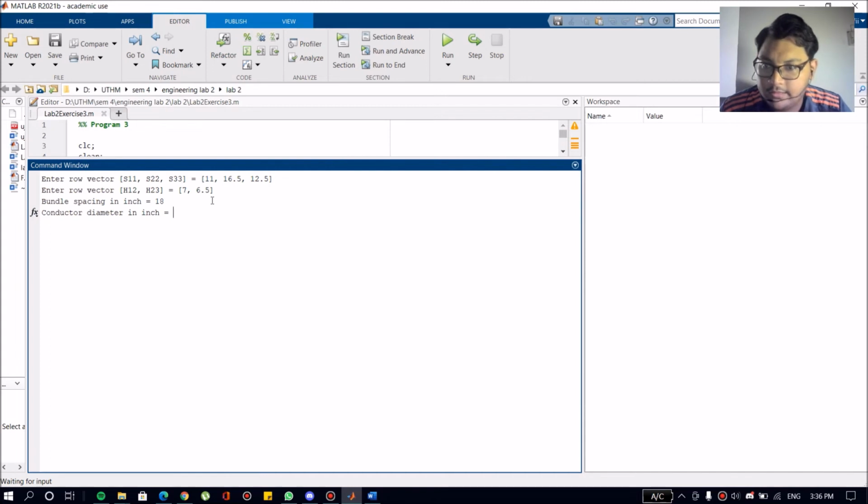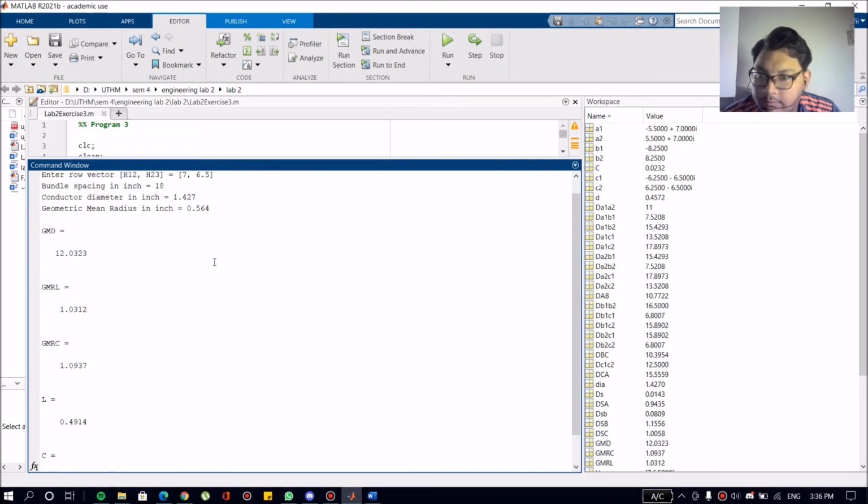Then it asks for the conductor diameter in inches, which is 1.42427. Then it asks for the geometric mean radius in inches, and the value is 0.564. Then I press enter.